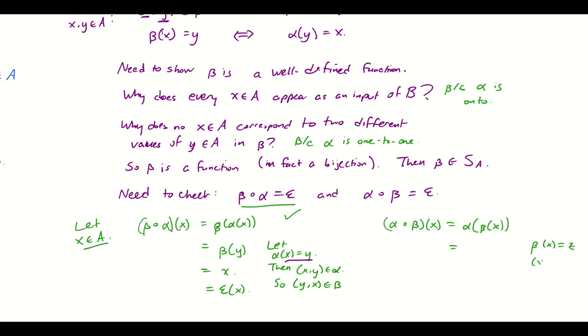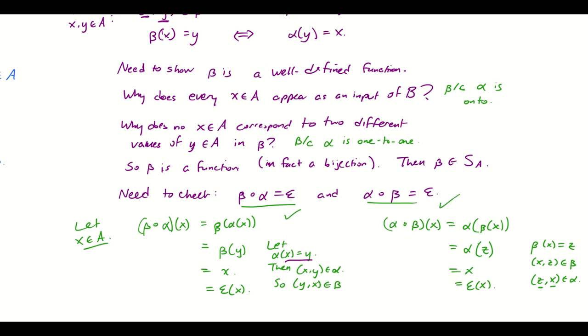Well, then that means that x comma z belongs to beta. And so by our definition of how beta and alpha relate, that means z comma x belongs to alpha. So what do we know? So we know that alpha of z is going to be the same thing here. And then, well, that means that alpha of z equals x. So I'm right back on x, which is the same as epsilon of x. So this composition also checks out.